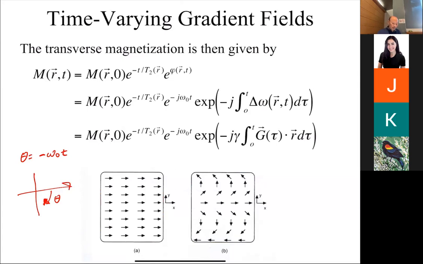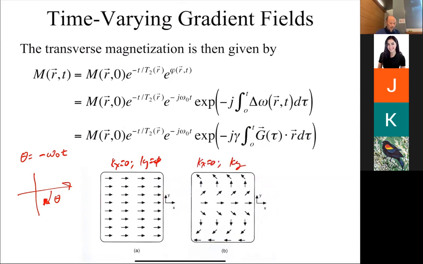The other term we have, what we're talking about today, is what the gradients do. The gradients actually impose the spatial pattern of phase. And then as the gradients change with time, it lets us visit different places in K-space. So for example, here, we're at kx equals 0, ky equals 0. Here we're at kx equals 0.